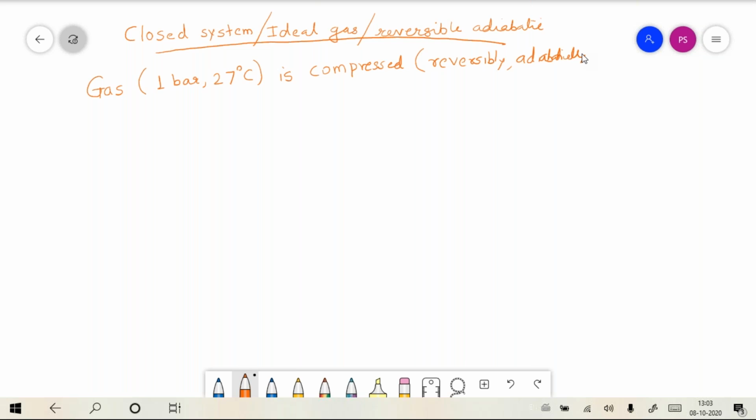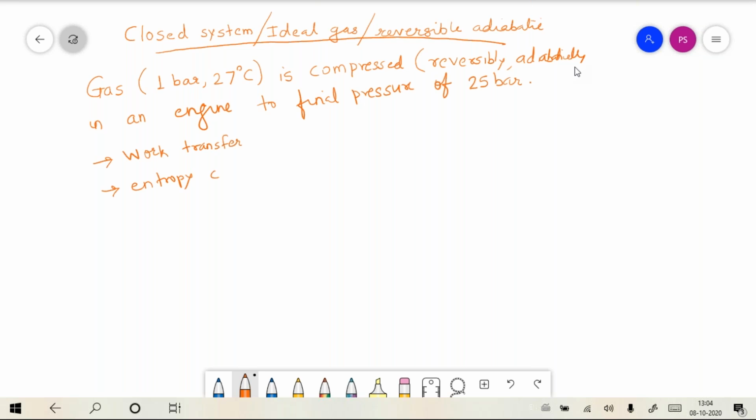The given data is the specific heat of gas at constant pressure, which is 1.005 kilojoules per kg Kelvin, and the Cv value you can take as 0.717 kilojoules per kg Kelvin. So I want you to calculate the work transfer, the entropy change and the enthalpy change.